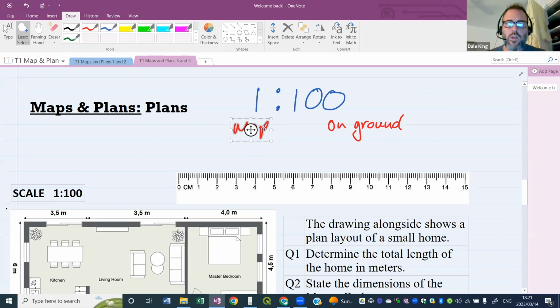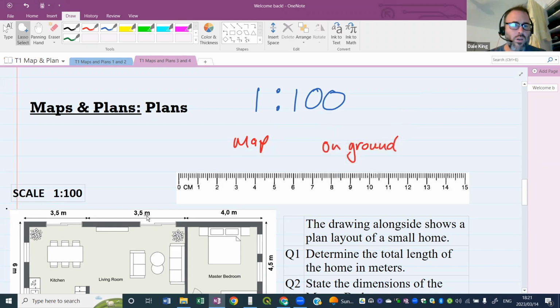So we can assign any units we want to this ratio, depending on what we want to work with here. Now we've got a drawing, a map drawing, and I've got my ruler ready because I'm going to measure certain parts of this diagram.